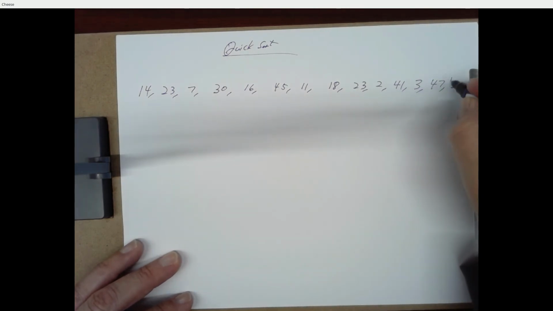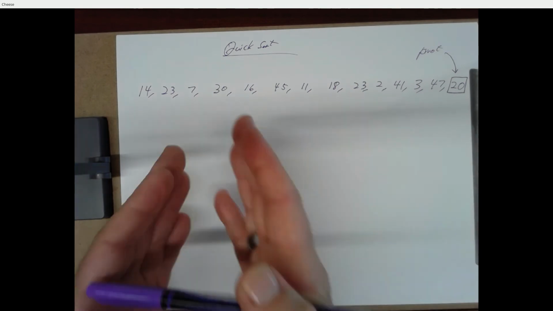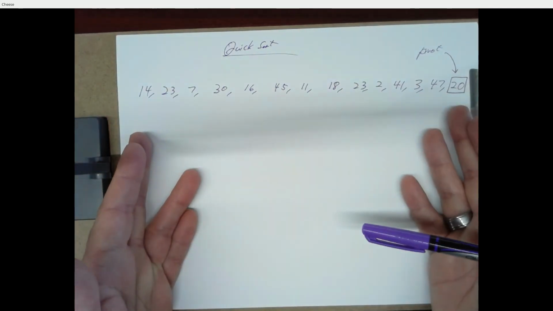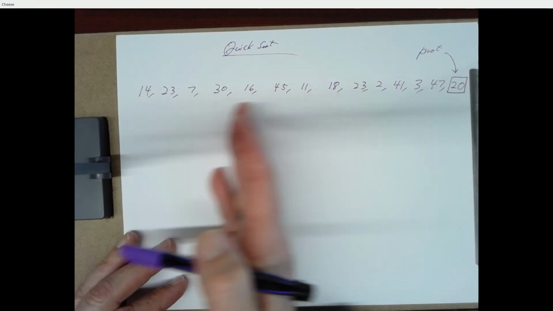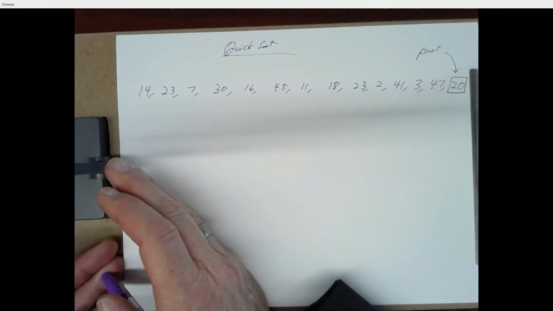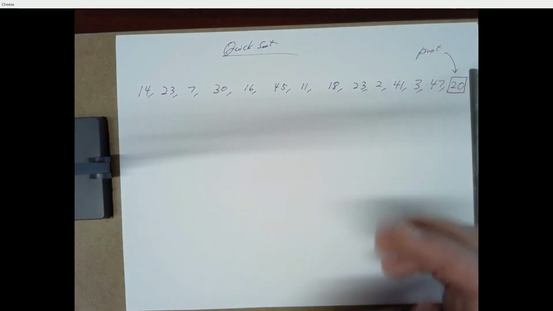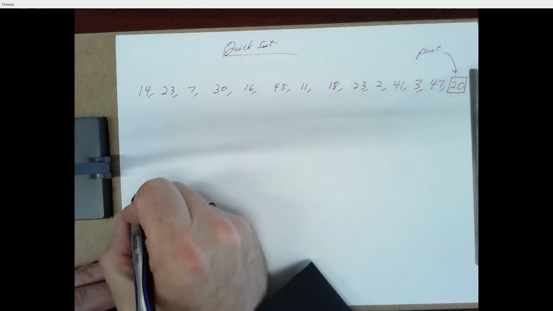So we start off by picking what's called the pivot. And despite having a fancy name, the pivot's usually just the last number in the array. And here's the goal. What we want to do is rearrange this array, put the 20 somewhere in here so that everything to the left of the 20 is smaller than 20 and everything to the right is bigger than 20. So basic pass.